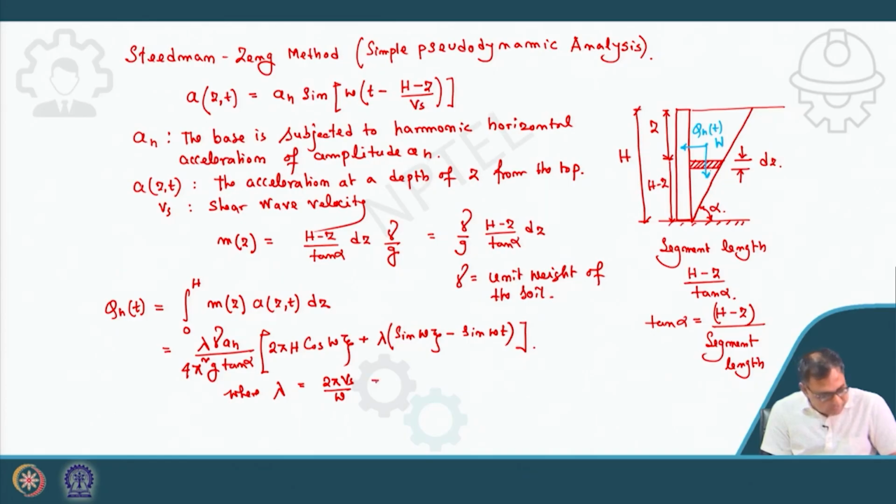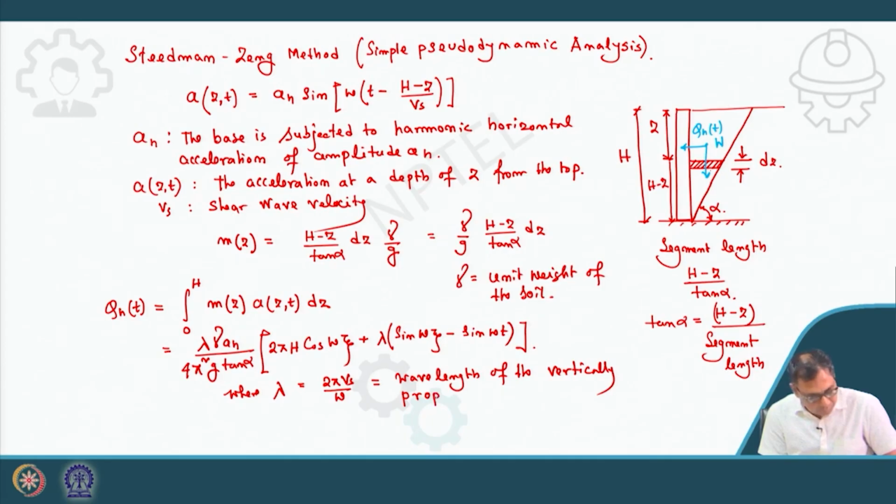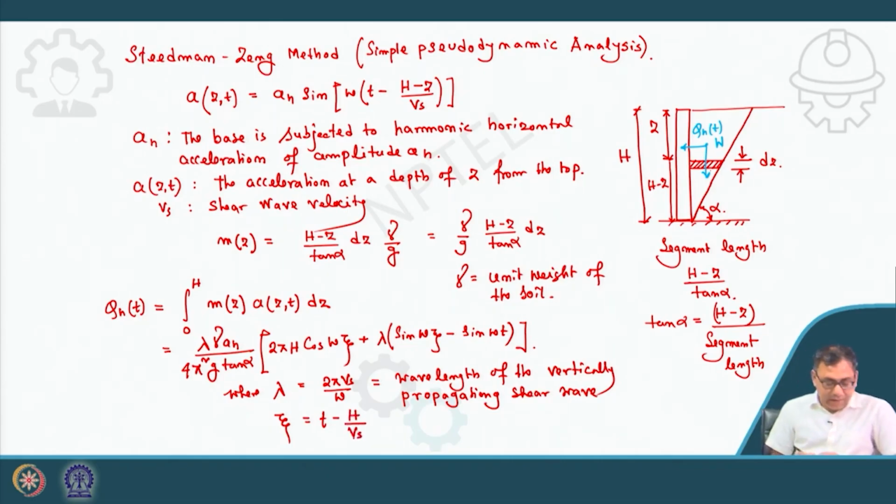This is the wavelength of the vertically propagating shear wave, and zeta is equal to t minus H by Vs. If I do the integration and put the limits, I will get the QH expression.